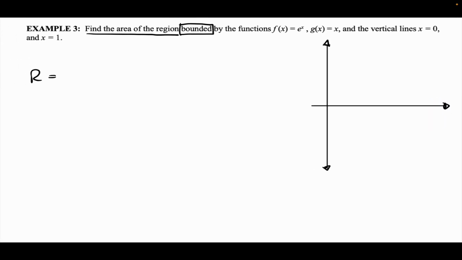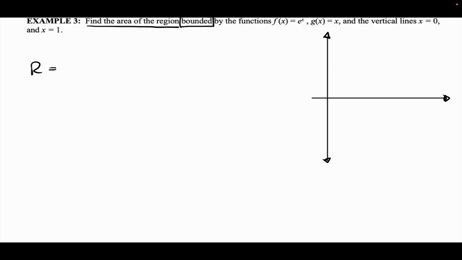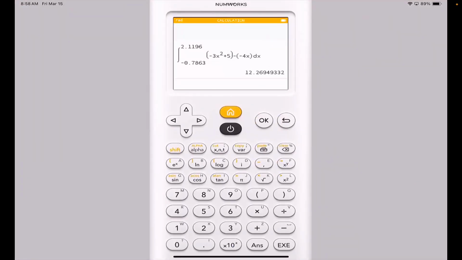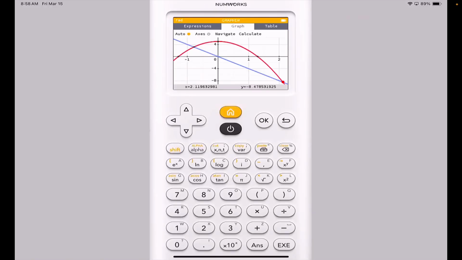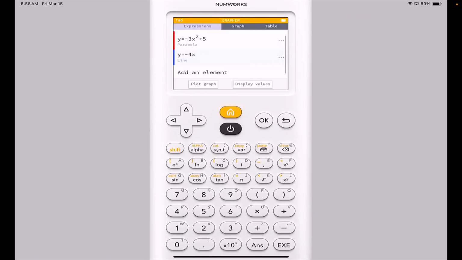So you can go to your calculator and draw these two. They're not very difficult, but if you want to use your calculator, you can. So the first one, we're going to go back, enter. E to the x. E to the x is right underneath shift. The other one is just plain old x.